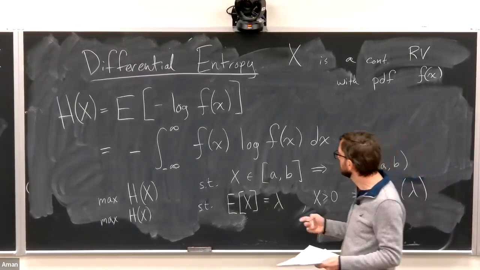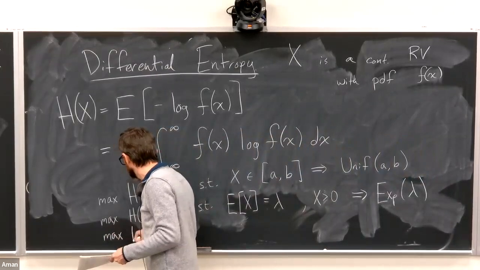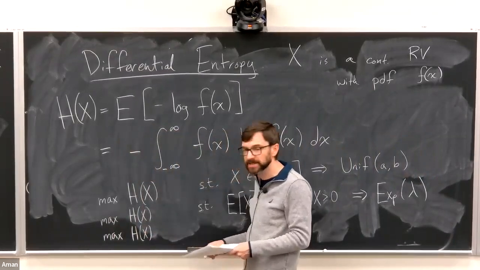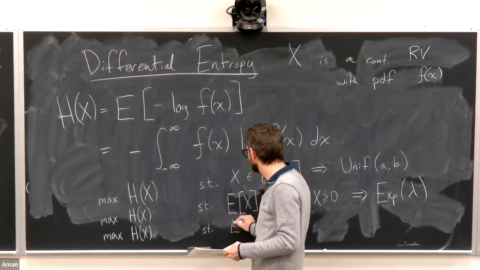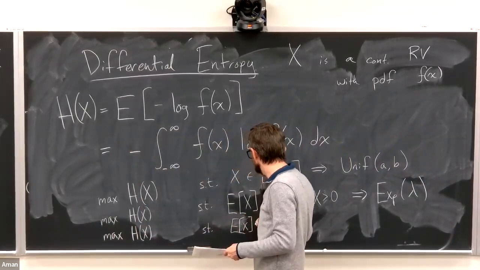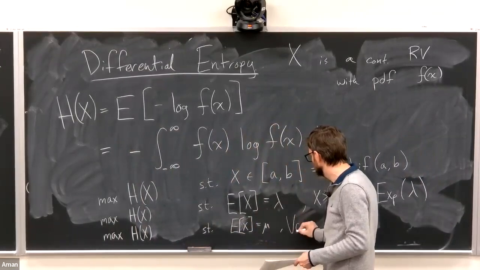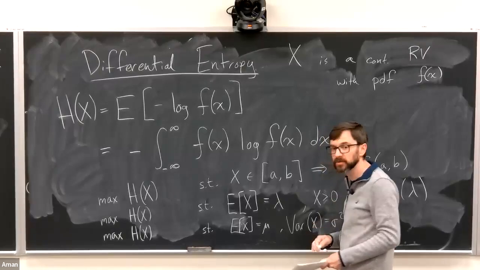And then finally, the one that comes up the most in our world, if you will, is now maximize entropy of random variables such that the expected value of X is equal to mu, some constant mu, and the variance of this random variable is equal to some constant sigma squared.